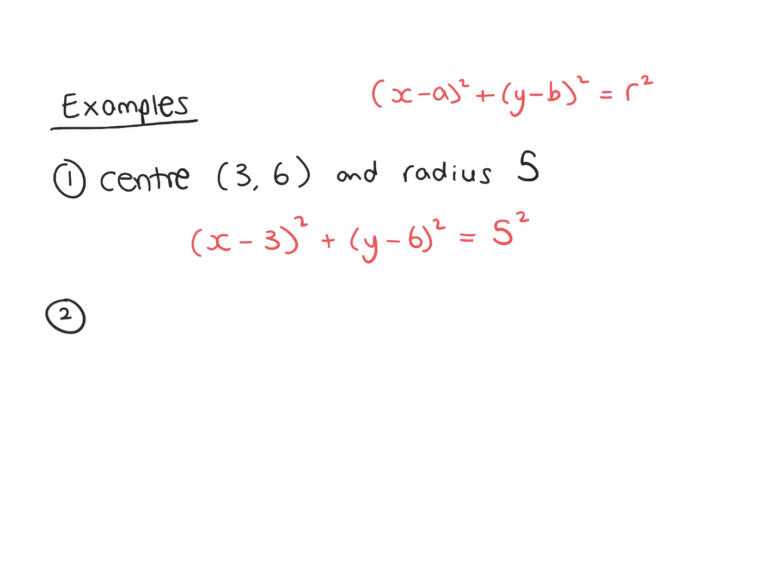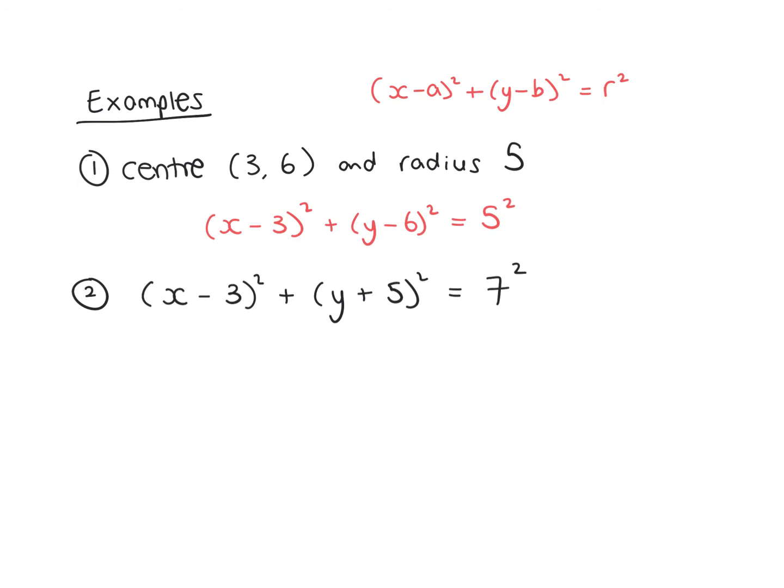If I did it the other way around and I gave you the equation of a circle, let's say x minus 3 squared plus y plus 5 squared equals 7 squared, and I said, what's the centre and what's the radius? For this one, just compare it with the general equation.